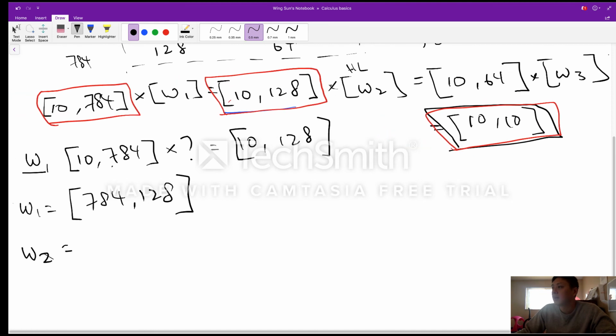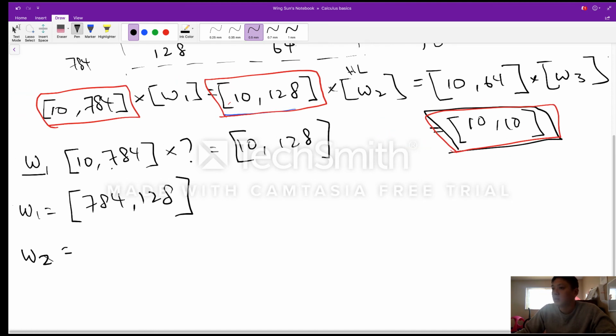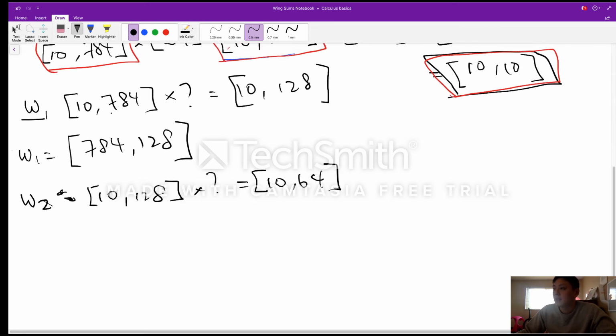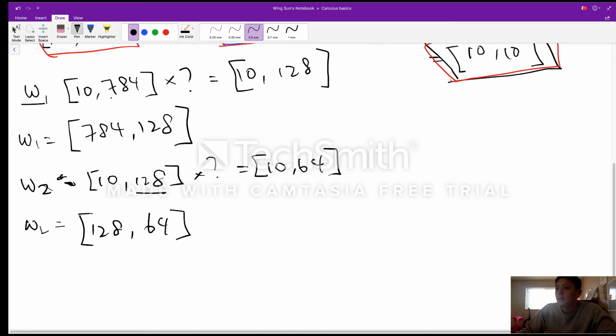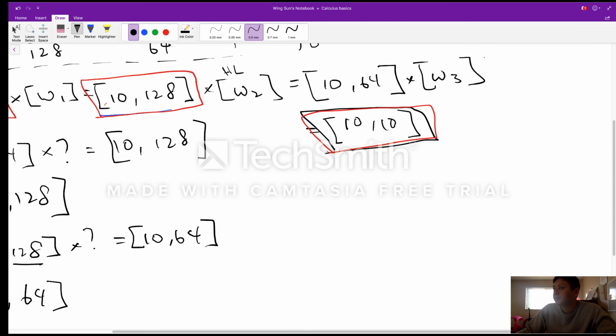Now, what is W2? You want to go from 10 by 128, times something that will give you 10 by 64. The same rule applies, so W2 is 128 by 64. The same goes for W3.